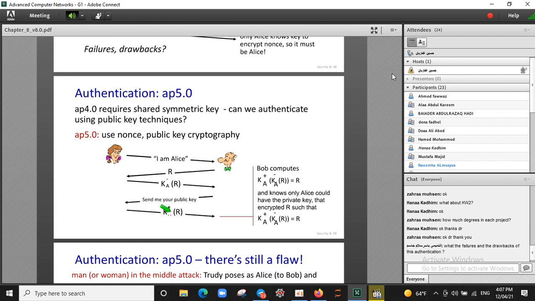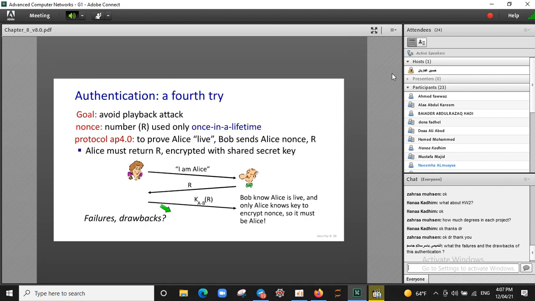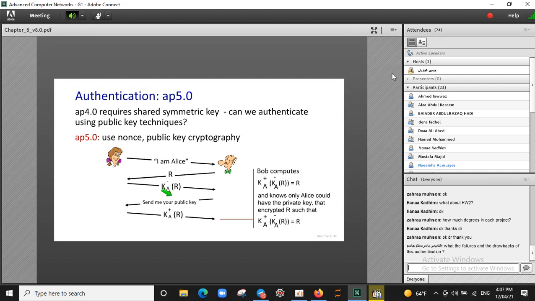There is something wrong here. We should omit this part here.